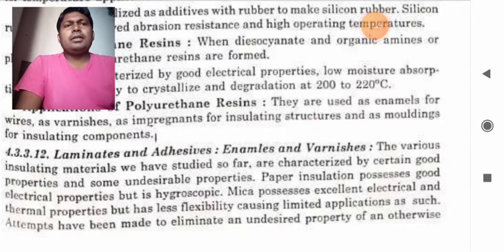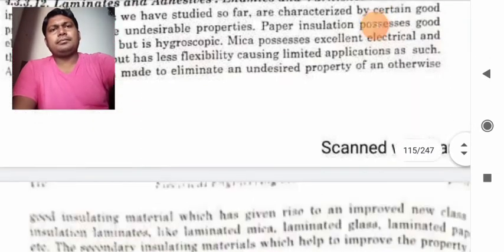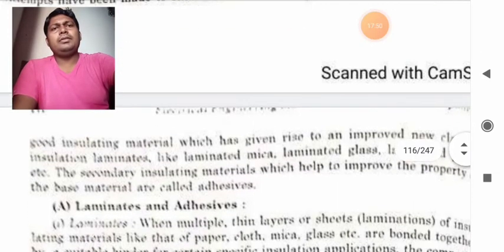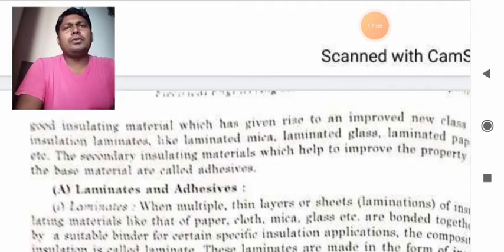Now, paper insulation possesses good electric properties, but it is hygroscopic. Mica possesses excellent electrical and thermal properties, but has less flexibility, causing limited application as such. So, attempts have been made to eliminate an undesired property of an otherwise good insulating material, which has given rise to an improved new class of insulation, laminates.